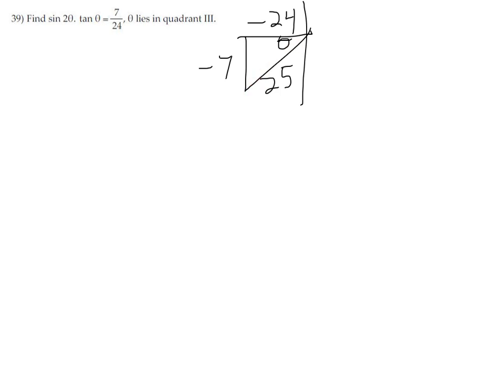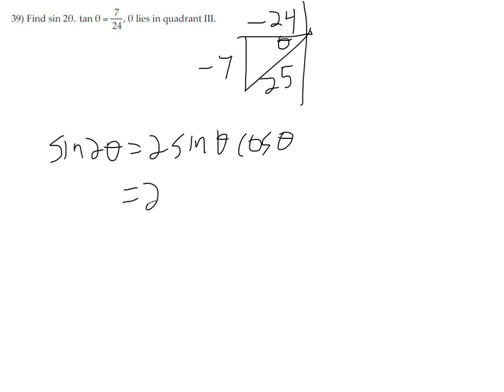Alright, so now we do sine 2 theta. Well, sine 2 theta is 2 sine theta cosine theta. That is 2 times sine theta, which would be opposite over hypotenuse, and cosine theta, which would be adjacent over hypotenuse.